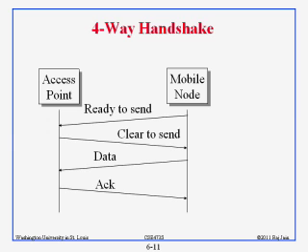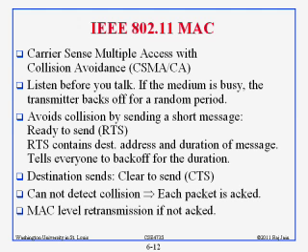You don't lose 1500 bytes simply because you collided in the last byte, right? These are very short messages. So you do 4 messages for each message. And this is what we call CSMA-CA, carrier sense multiple access with collision avoidance.